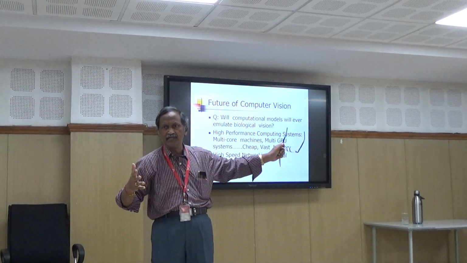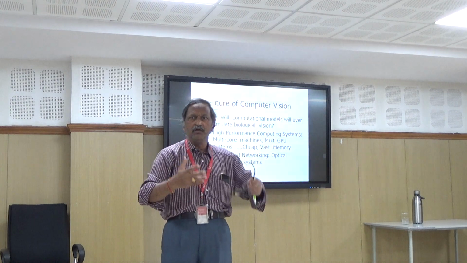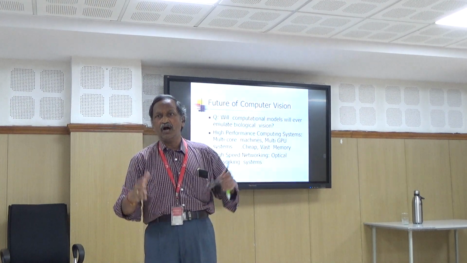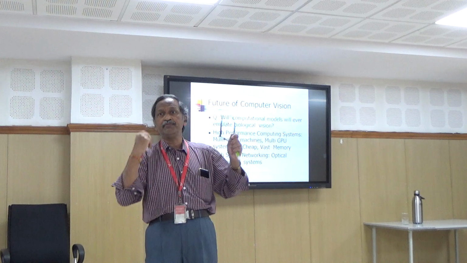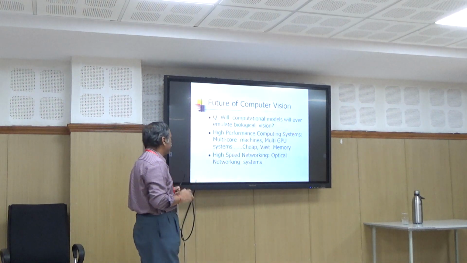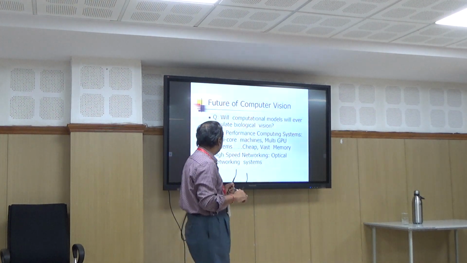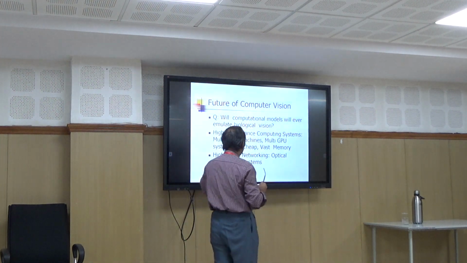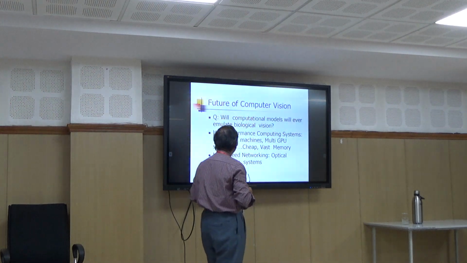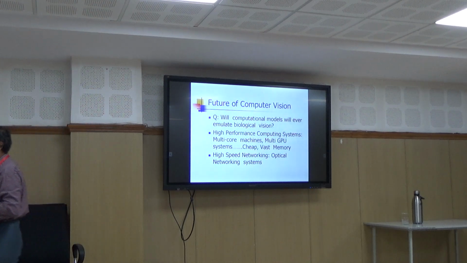I don't have too much time available to me. I want to get the class label within maybe 10 seconds or within 10 minutes or 5 minutes. So real-time computer vision or real-time deep learning is still a very nascent area. So you have multi-core machines, GPUs and high-speed networking, optical networking systems.